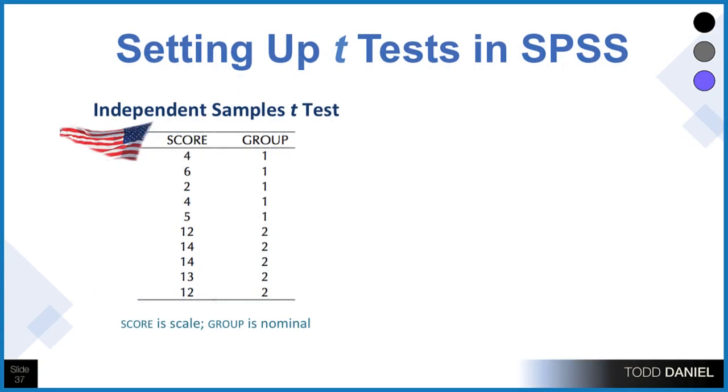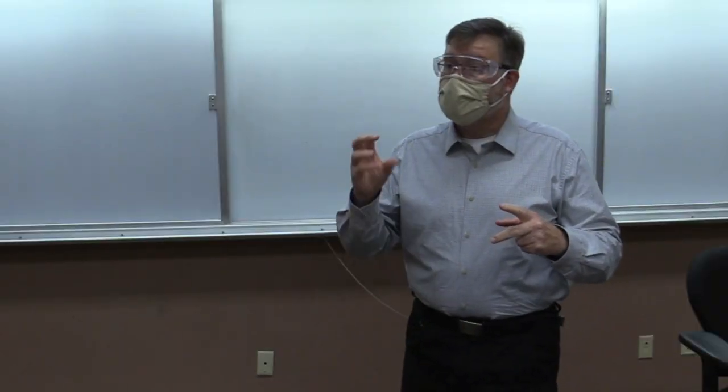For the independent samples t-test, you're going to have one continuous variable or scale variable. In this example, it's score. And then you have one categorical variable. In this case, it's group, 1 and 2. So we have two groups measured one time.